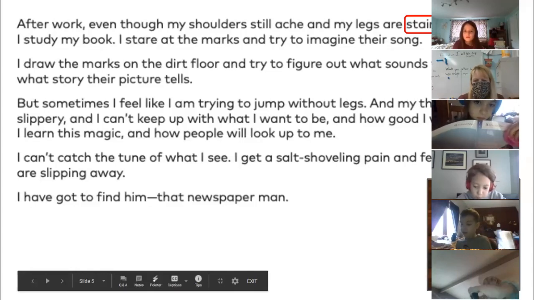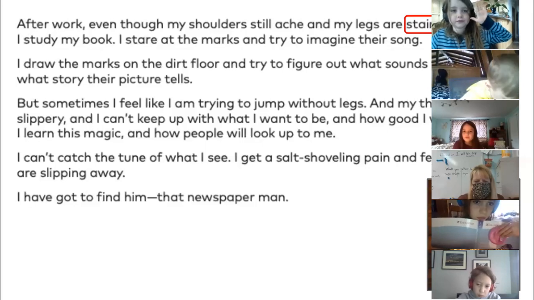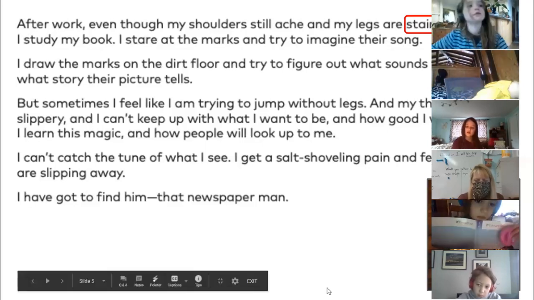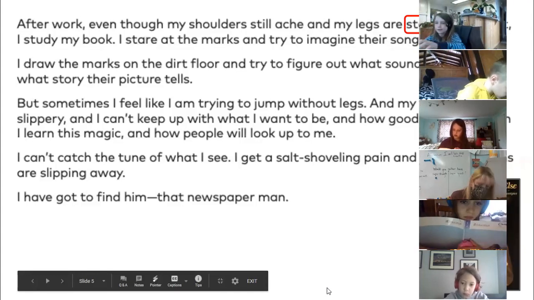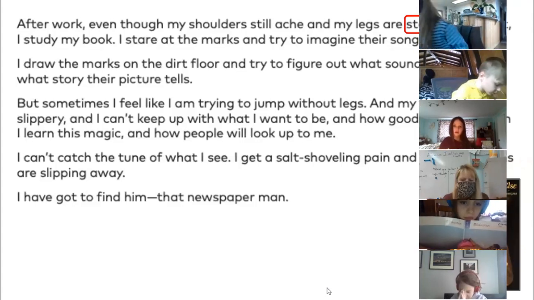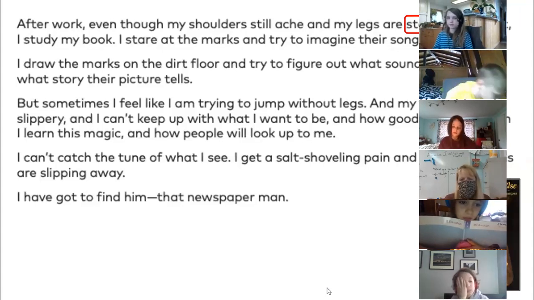Slipping away. Miss Isabella, what do you think it means by his dreams are slipping away? When he can't quite get the image anymore, and he is having a hard time remembering his dream.